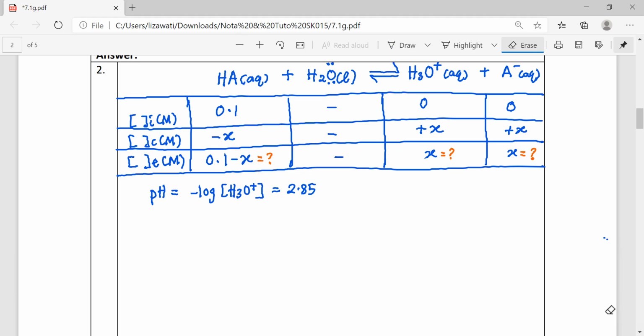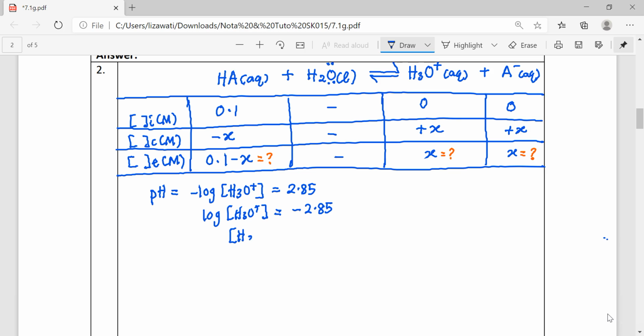Right, next, substitute. This one is already given to you, 2.85. Okay, after you have substituted the value of pH, times both sides by -1. So we get log concentration of H3O+ equals -2.85. And then you have to move the log from the left side to the right side.